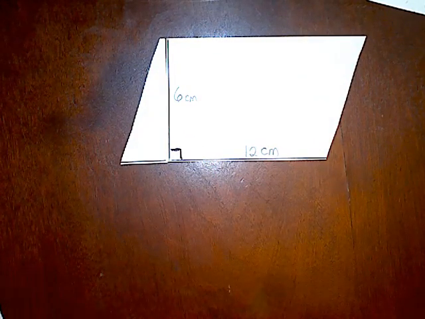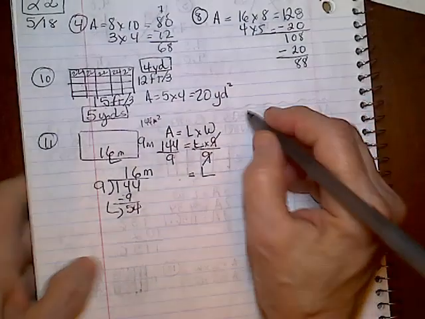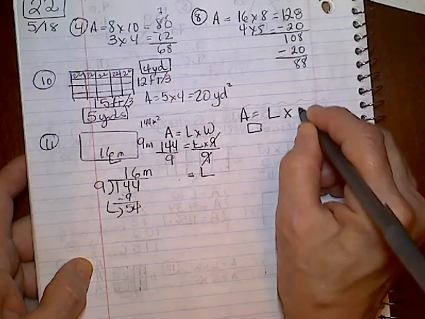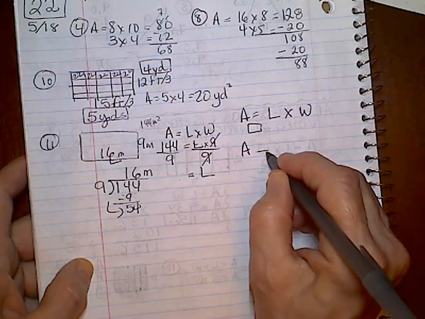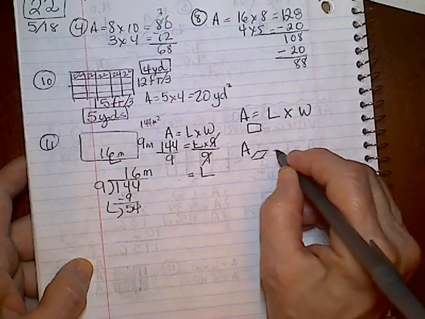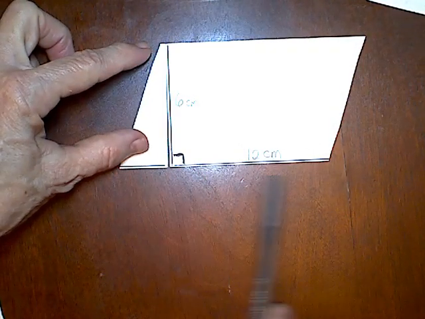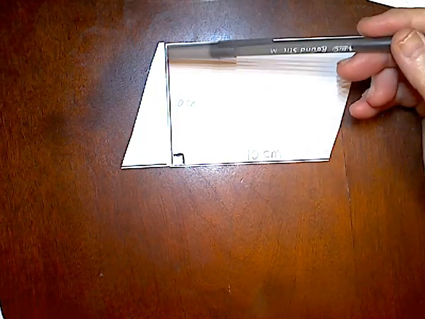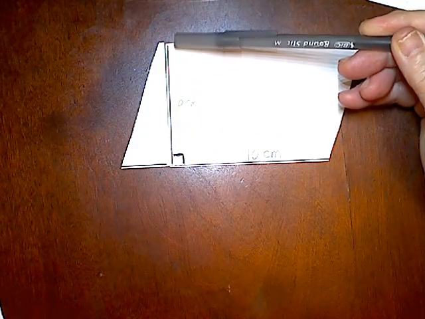The only difference that they say is, and I'll put it right here, area of a rectangle is length times width. The area of a parallelogram is base times height. So you're going to look at the full base from one edge to the other, and then that height goes straight up. Can you see why it goes straight up?